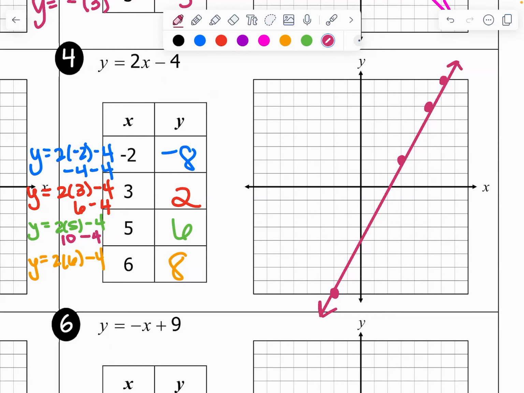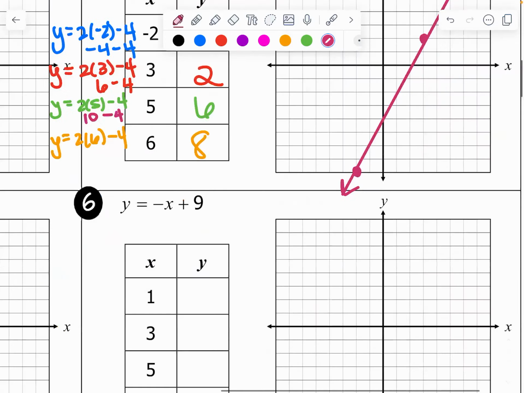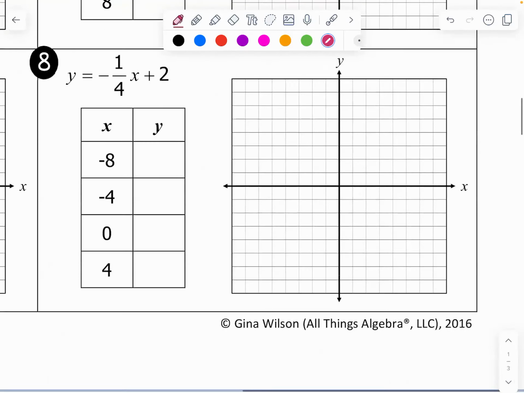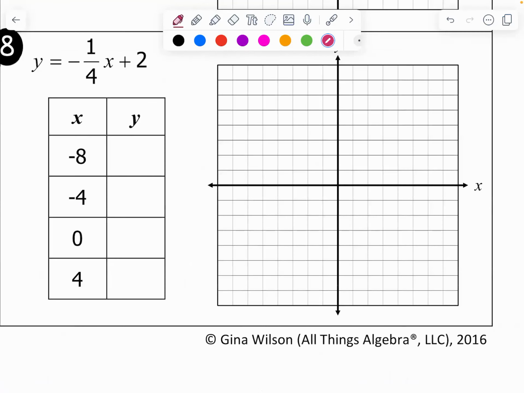Now I'd like to give you a head start on your homework, but before I do, I want to talk about how we would plug a number into number 8. If we have y equals -1/4 x plus 2, our x is -8. How do I take -1/4 times -8?